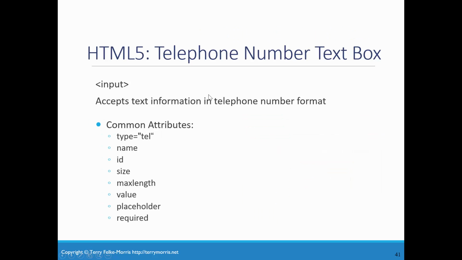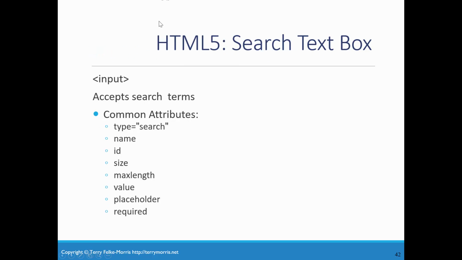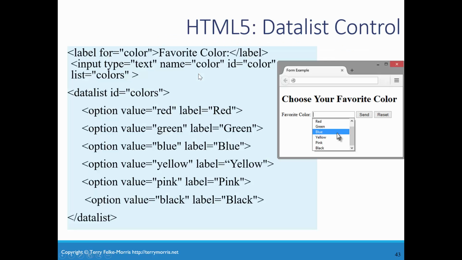There's a telephone number. Be real leery of this one because not all browsers support the telephone number box. Some do in a limited version. There's a search box that you can put in. There's a data list control, which is kind of neat, because notice if we typed in a B here for blue, it would bring that up.